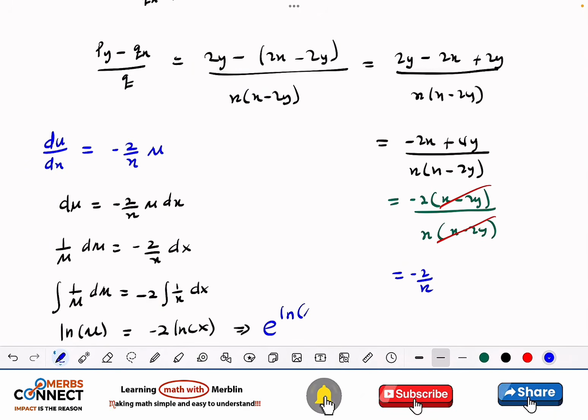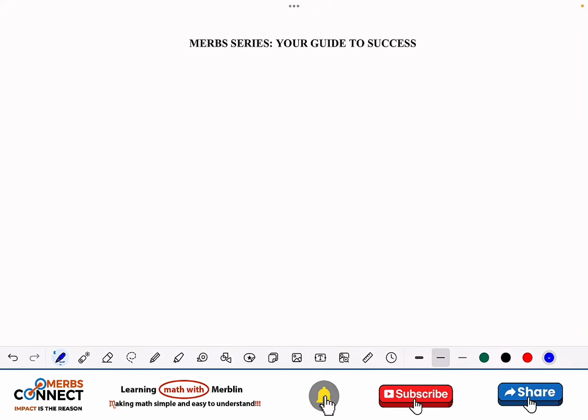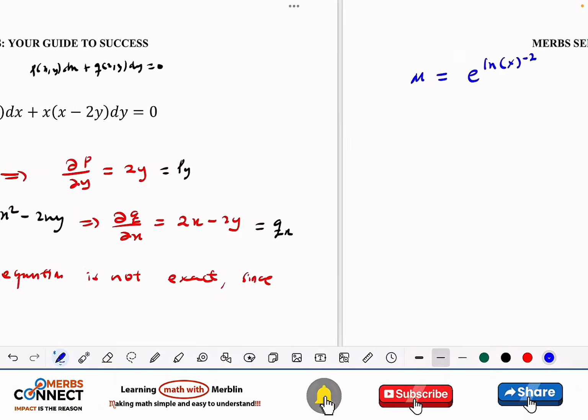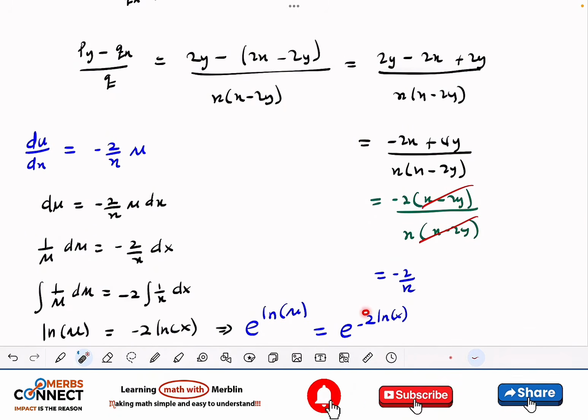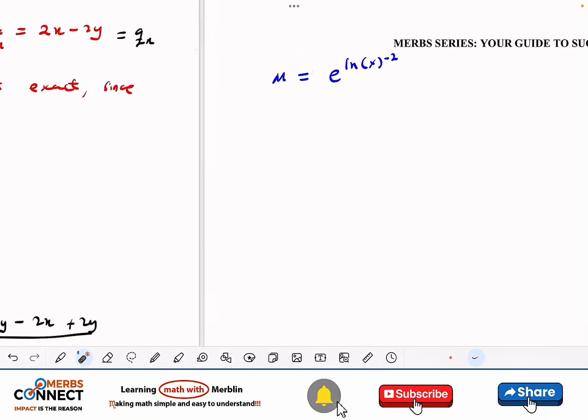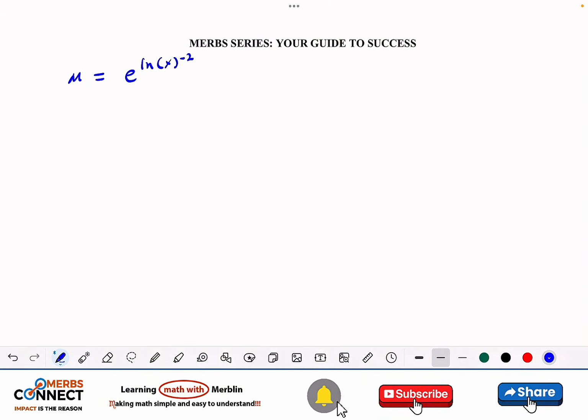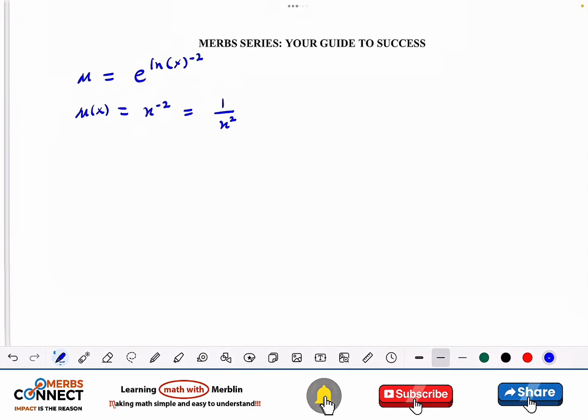So e to the power ln of mu is equal to e to the power minus 2 ln of x. So we are going to get mu is equal to e to the power ln of x to the minus 2, because we need to move the minus 2 up. And this is going to give us mu of x, which is equal to x to the power minus 2, which is the same as 1 over x squared. So this is the integrating factor now.